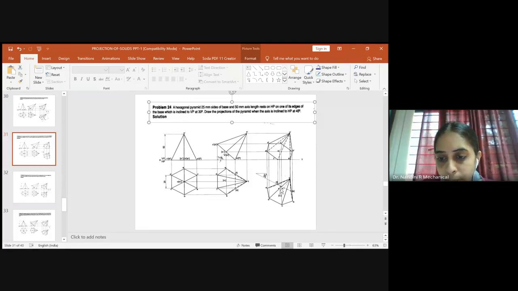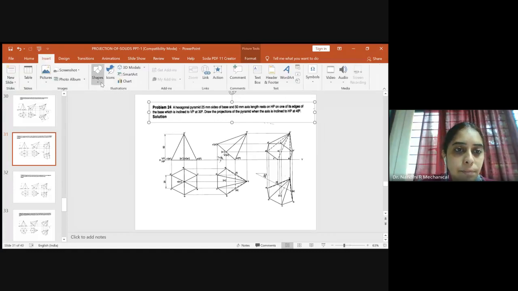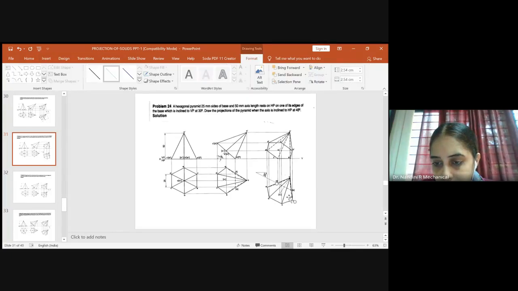So what we do is, we'll just draw a perpendicular line. Right, so from this F, you can just draw a perpendicular line as I've shown you.